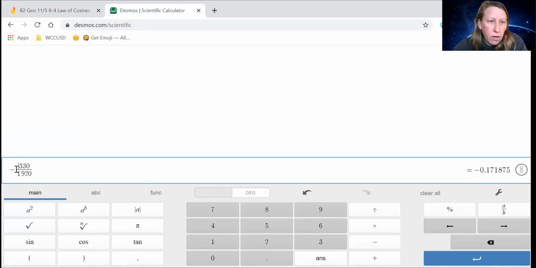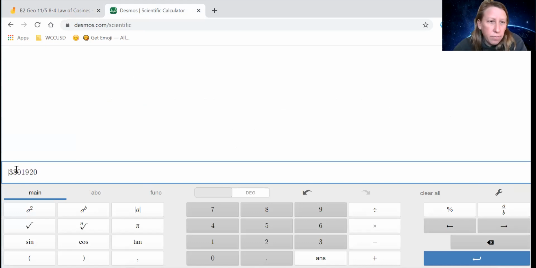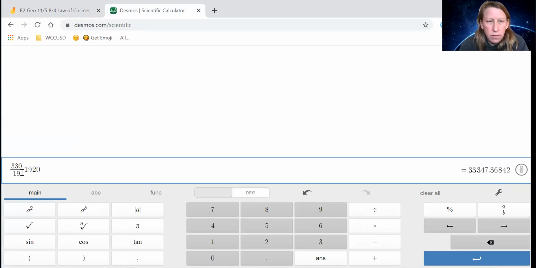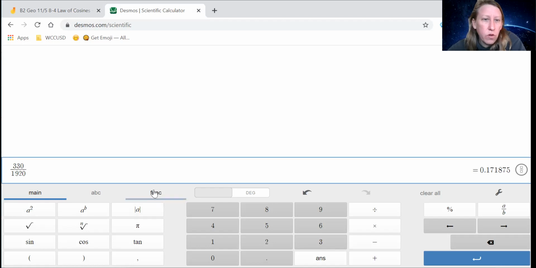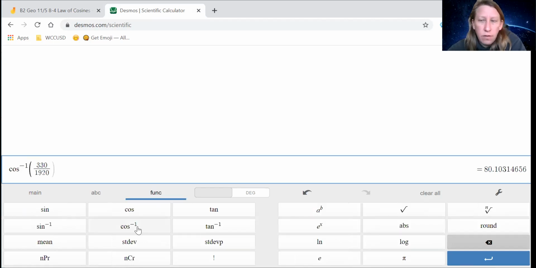How am I going to figure out what the angle measure is? I have a choice. I can go look in the cosine row for this little decimal, and that will tell me the angle. Or I can use the inverse cosine. Inverse cosine is going to tell me it's an 80.1 degree angle.